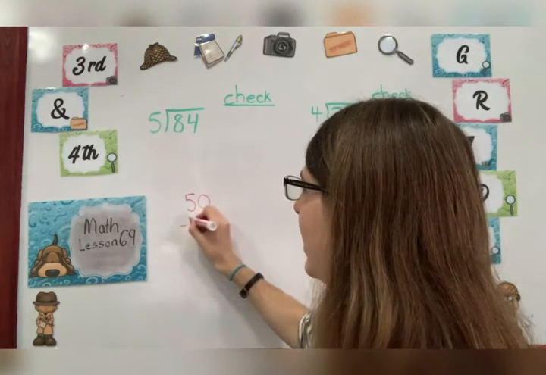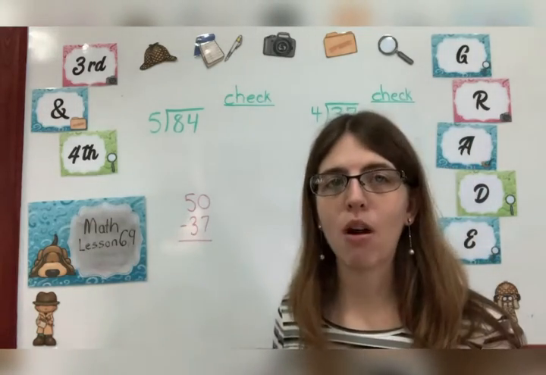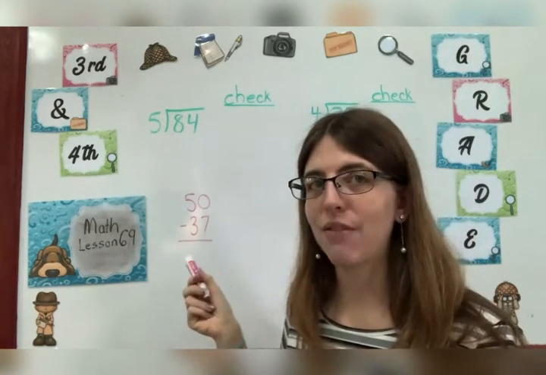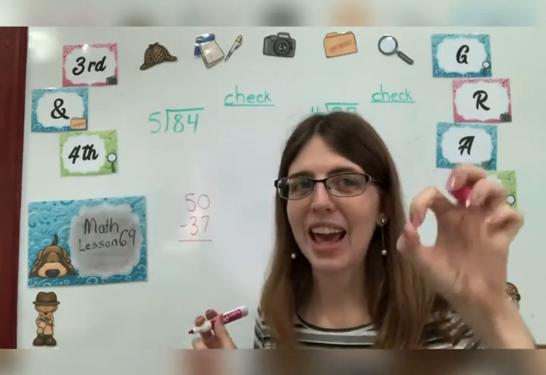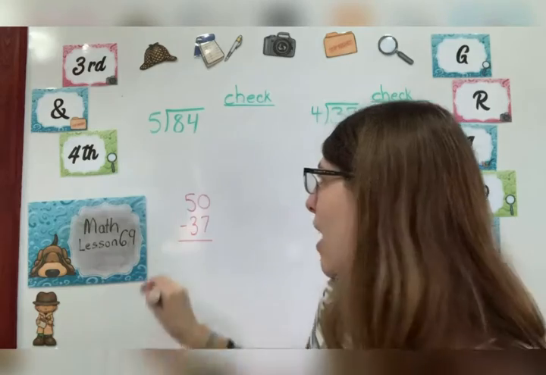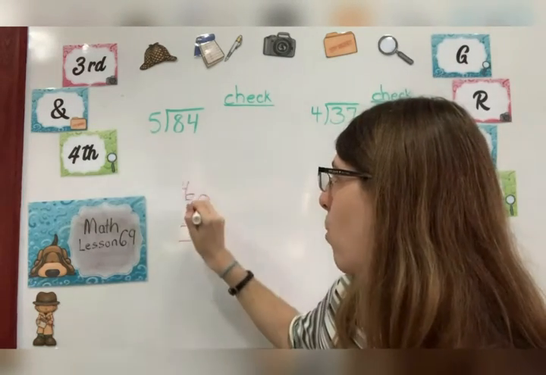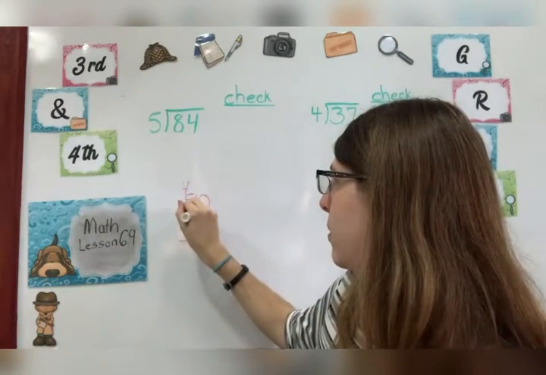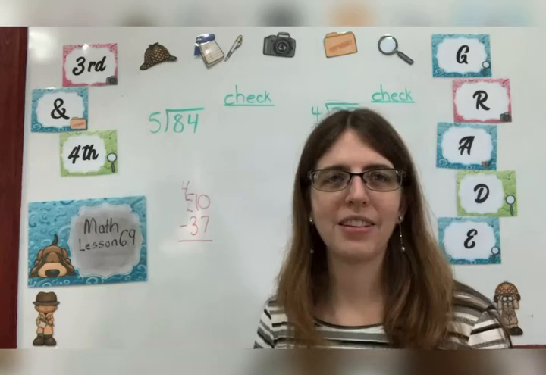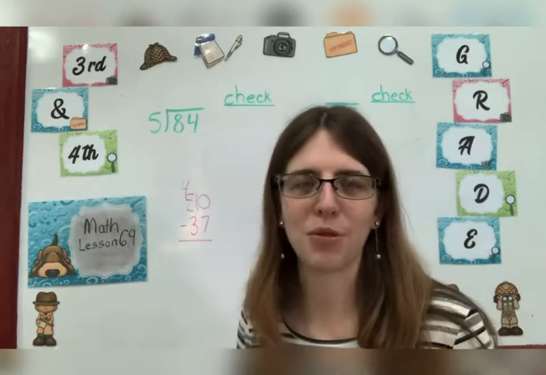So in the box that says workspace, you need to subtract 50 minus 37. Don't forget to borrow, because you can't subtract 7 from 0. It's not 7. 0, that's nothing. You can't take away 7, so you have to borrow from the 5. That leaves you with 4, because you're borrowing 1. You bring your 1 over next to the 0, it becomes 10. 10 minus 7, and now you can subtract.